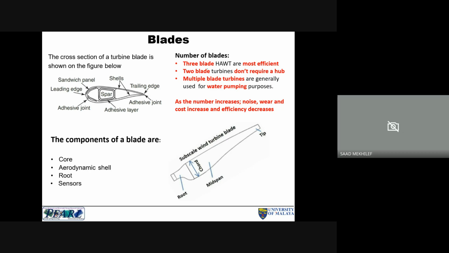There is always a question on what is the optimum number of wind blades that we should have, because we have wind turbines with a single wind blade. We have 2, we have 3, sometimes we have 4. So the question is, what is the optimum number of wind blades?